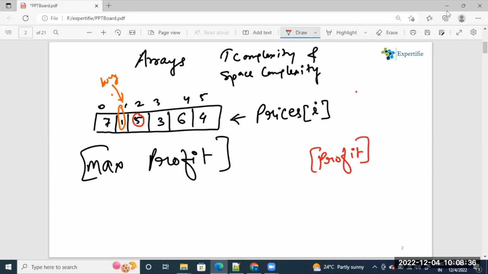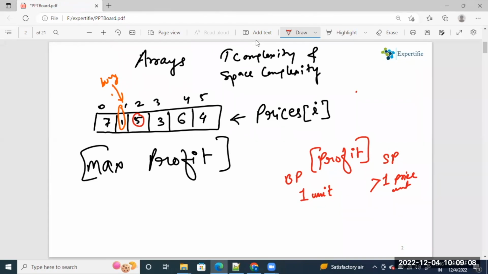If you buy something at 1 unit price and sell at a price greater than 1 unit, that gives you some profit. For example, this is the buying price and this is the selling price. Here we are making a profit of 4 rupees.